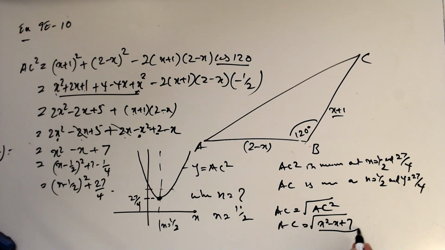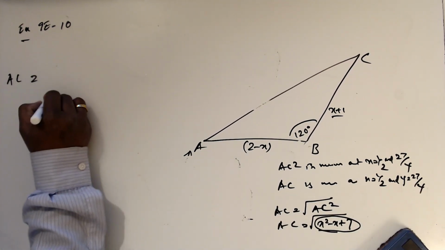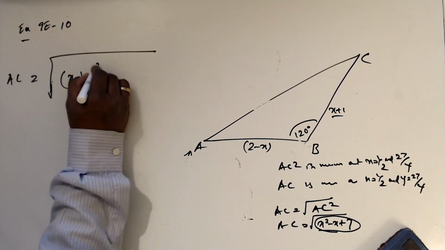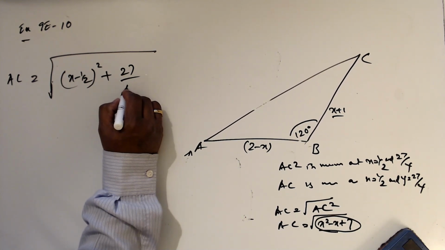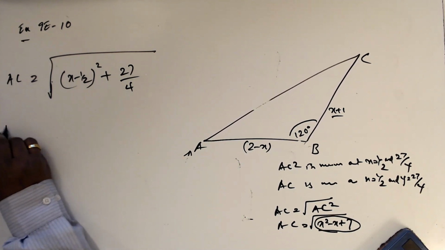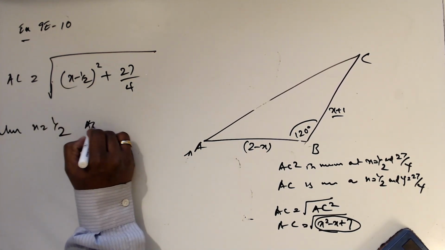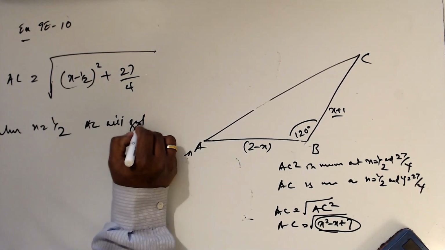This value also is minimum when x equals half, or simply AC is the square root of x minus half squared plus 27 over 4. So when x equals half, AC will get a minimum.